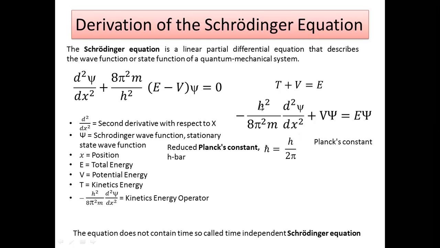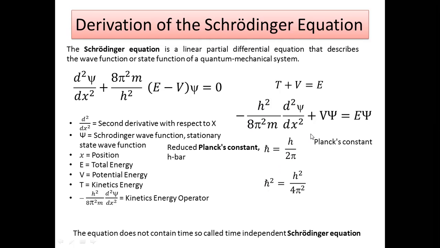I am just going to replace this with the reduced Planck constant, to make this equation simpler as compared to this one, which looks too complex.